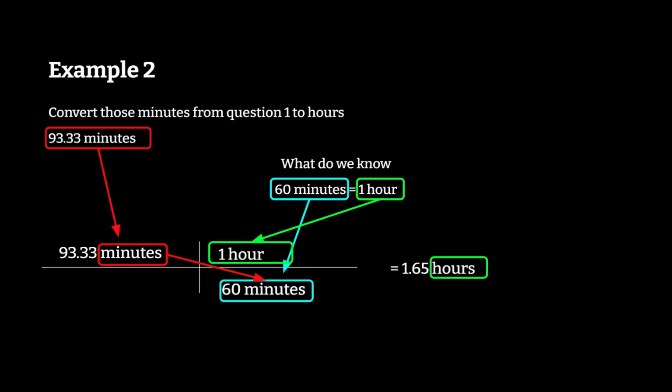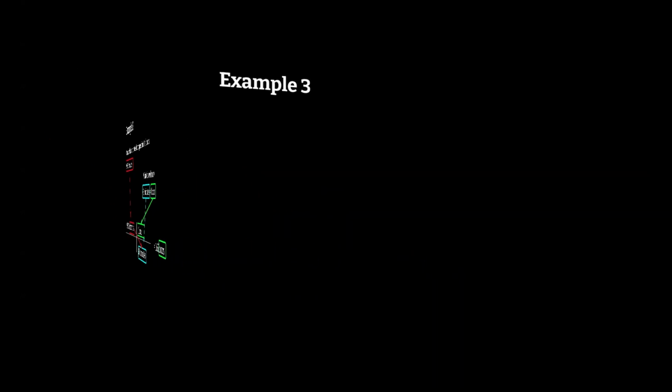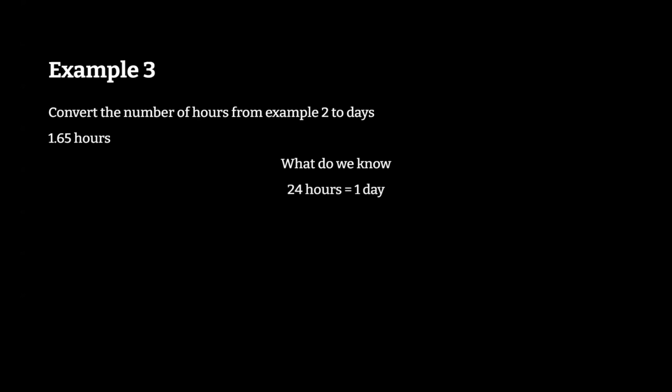Let's take a look at example 3. It's asking us to convert the number of hours from example 2 into days. Our last question provided us 1.65 hours. What we know about converting from hours to days is that 24 hours is equal to 1 day. We are going to set up the chart.